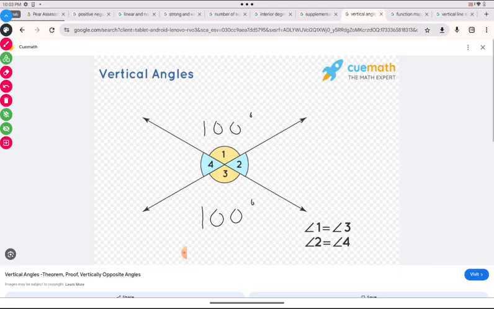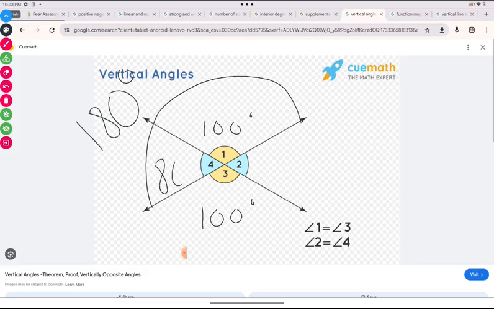If we look at angle 1 and 4, which are adjacent to each other as well as supplementary angles, that means together they have to add up to 180 degrees. So if angle 1 is 100 degrees, angle 4 has to be 80 degrees. And therefore angle 2 is also 80 degrees, because angles 2 and 4 are vertical angles of each other.